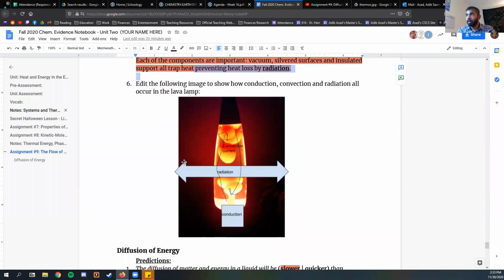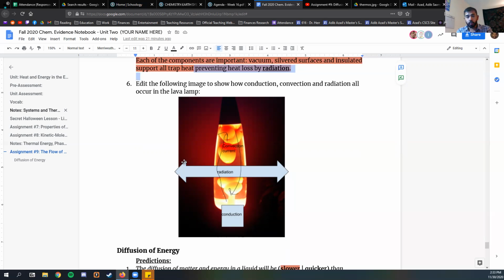Now, for number 6, we're editing this image to show how conduction, convection, and radiation all occur inside this lava lamp. If you've ever had one, you know that it's warm on the outside, and that's radiation. The heat of that lamp radiates outwards in 360 degrees.